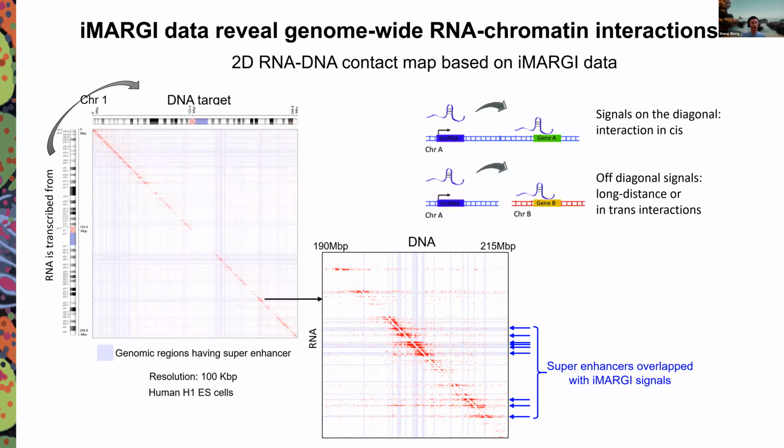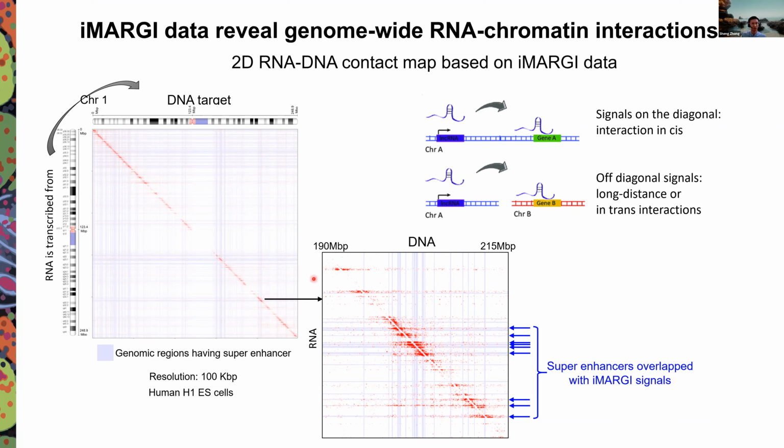Any RNA-DNA interaction identified by a MARGI read pair is added to this contact matrix at the position corresponding to the origin of the RNA and the target position of the DNA. And if we sum up all these read pairs and use this red-to-white heat map to represent how much RNA-DNA interaction there is at each corresponding location of the genome, we derive this contact matrix.